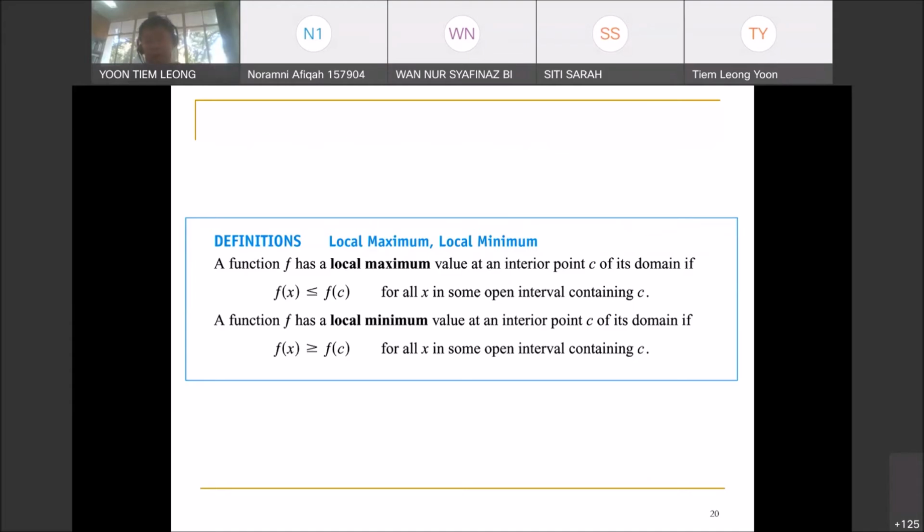But to be more specific, a local minimum, local maximum, absolute maximum or absolute minimum has to be properly specified in terms of a pair: the value of x and the value of the function at the point of that extremum. Formally, a local maximum is a pair of x and the value of f at x, where that local extremum happens. So in proper manner, when you answer where is the local maximum, local minimum, or extreme values, you have to specify the pair of x and the value of the function at that x as well.